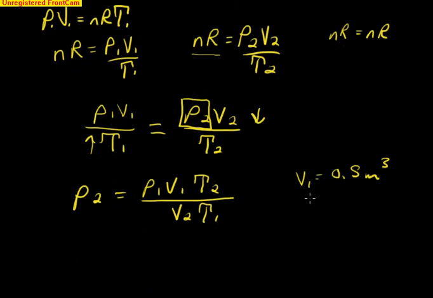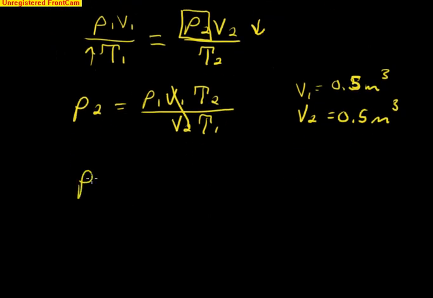So if this is a tank, and assuming it doesn't really expand much or explode, our V2 should be about the same. Sorry, this is a 5. My 5s look like S's sometimes. So our volume 1 and our volume 2 are identical. Our canister isn't changing, hopefully. That means we can get rid of these.